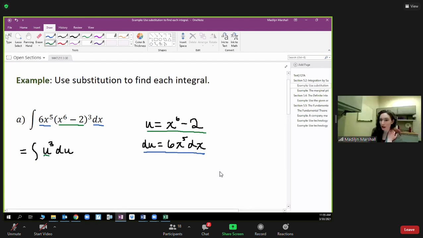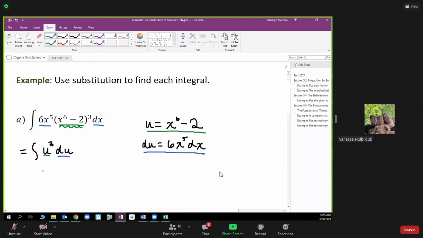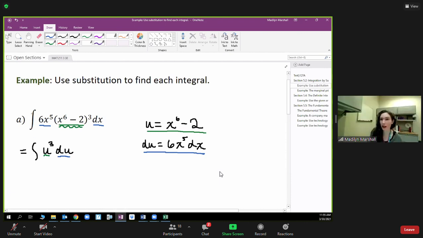So that u got plugged in for the whole x to the 6 minus 2, and the du got plugged in for the 6x to the 5th dx. So that exterior function, which is the 3rd power in this case, is staying there because that's the thing that we're actually integrating now.